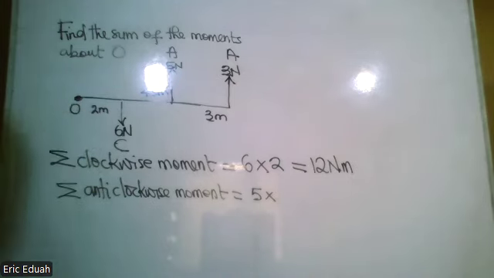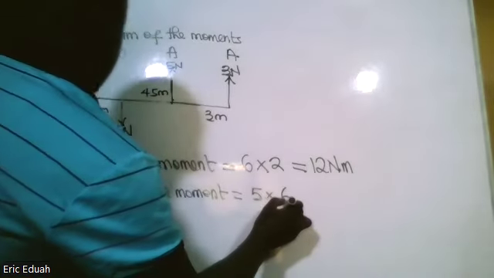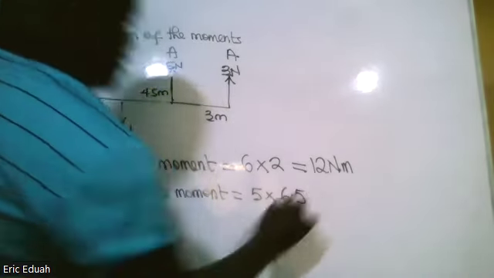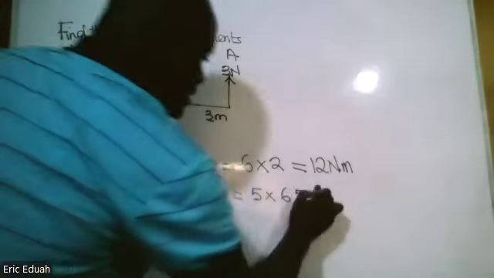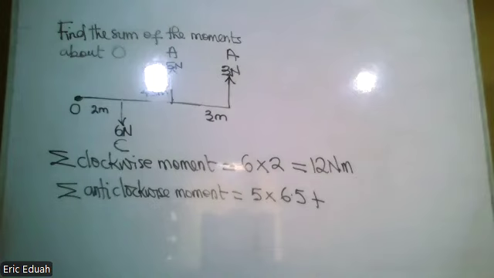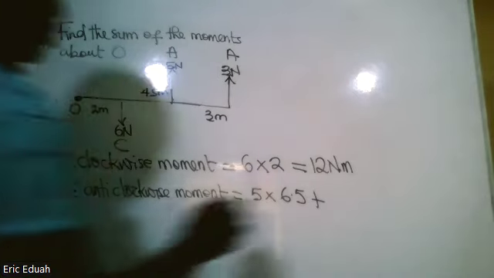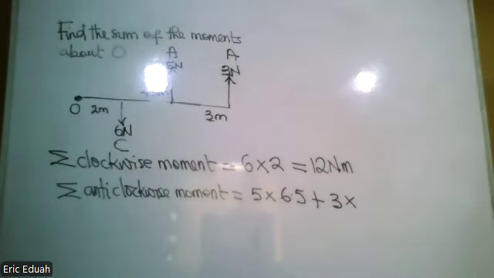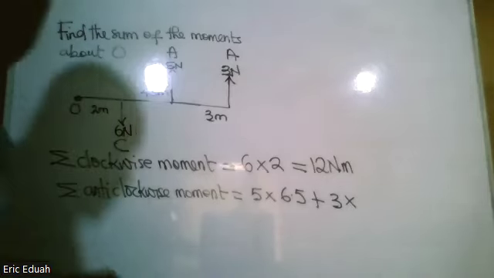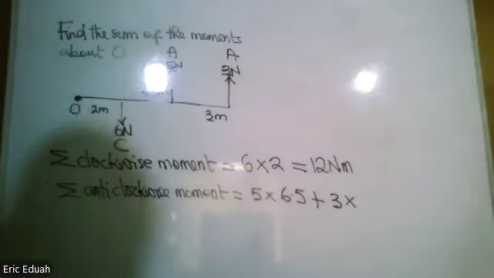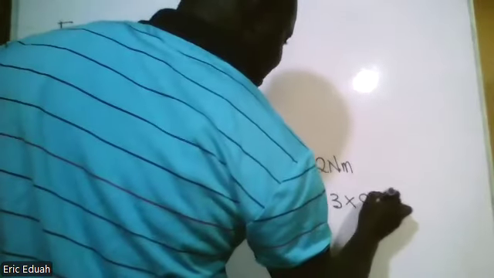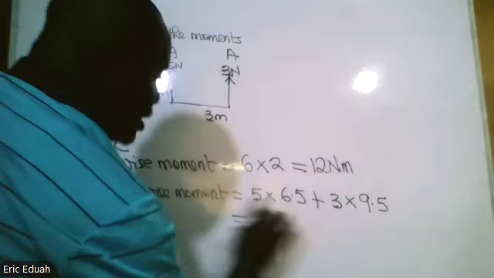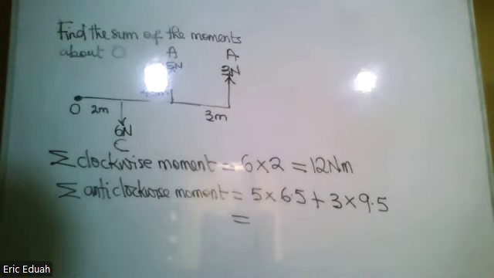So 2 plus 4.5 is 6.5. Plus the other anti-clockwise moment, 3 times 9.5. So what is 5 times 6.5 plus 3 times 9.5?